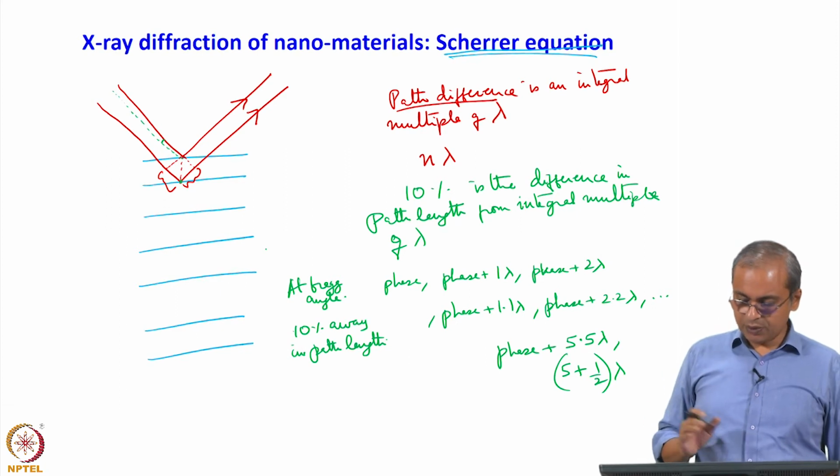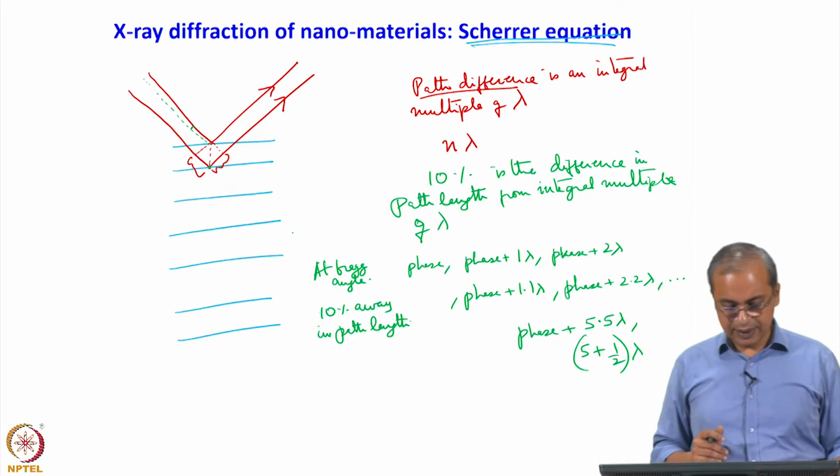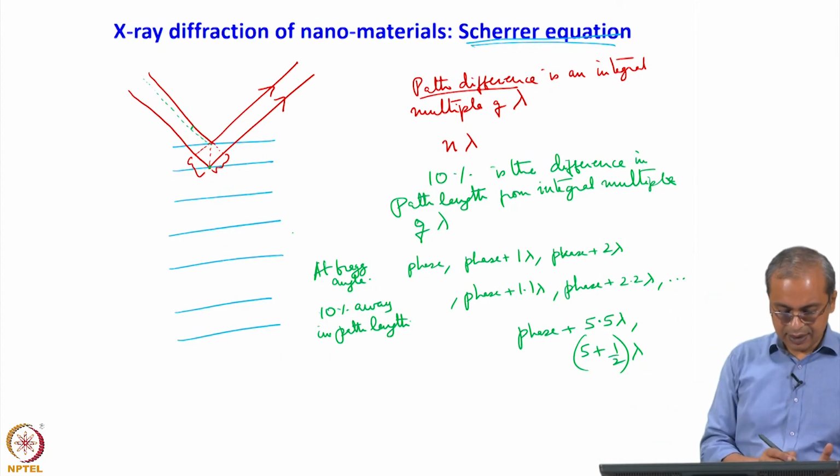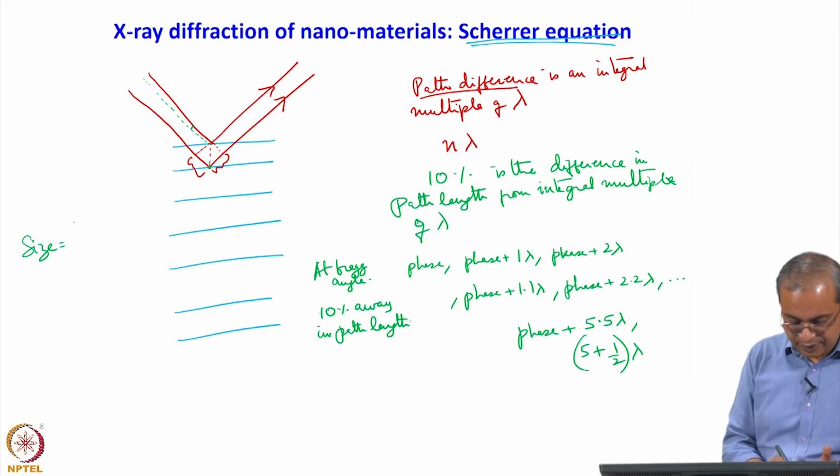Right. So this is what we see, and this leads us to the Scherrer equation, which basically says that the crystal size equals some factor k times lambda.